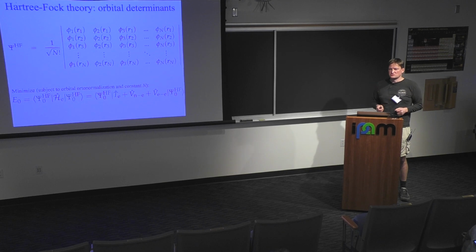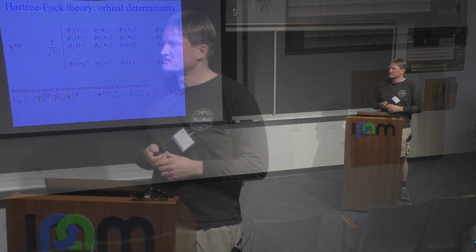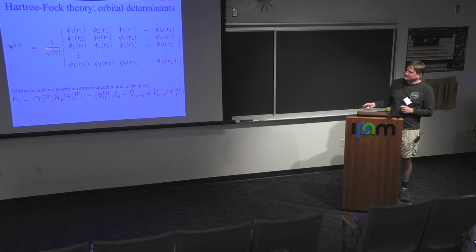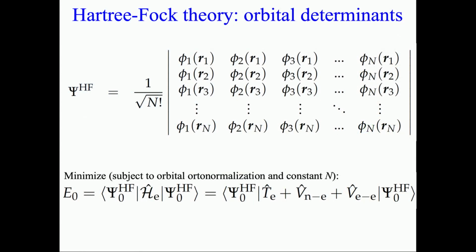If you exchange two columns or two rows in a determinant, your determinant changes sign. And so all we need to do is to normalize it properly by this factor and introduce n molecular orbitals and write the wave function as this Hartree-Fock determinant.